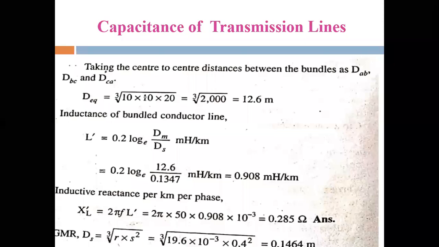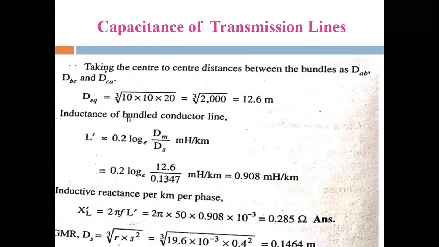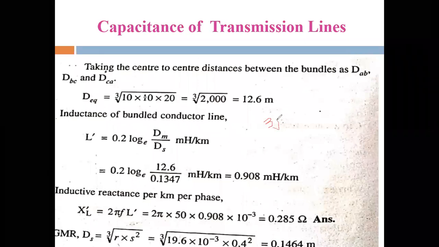Therefore, the total D equivalent is equal to the cube root of DAB into DBC into DCA.